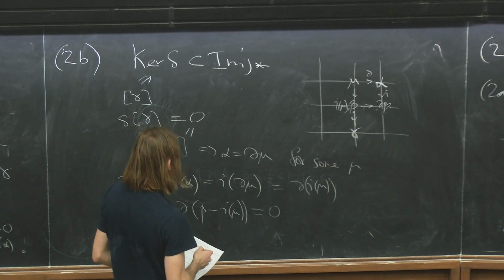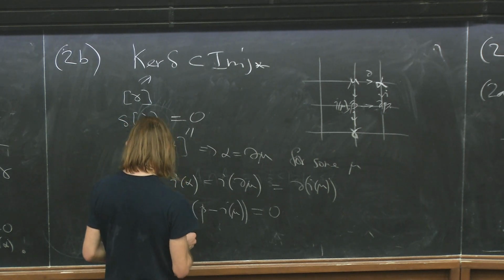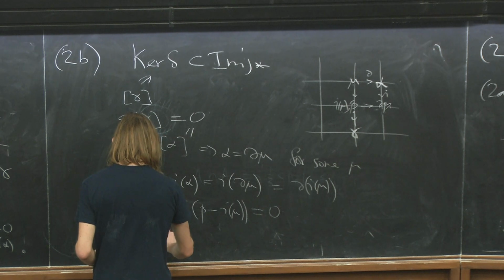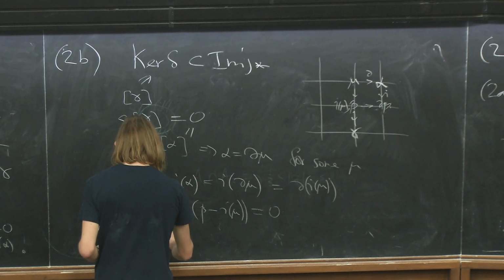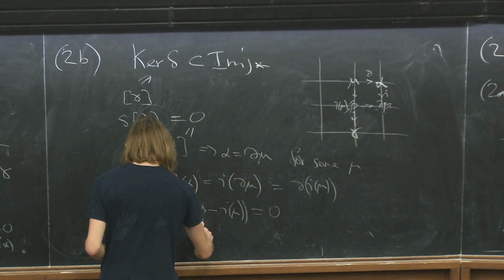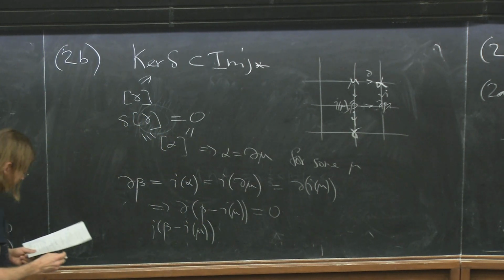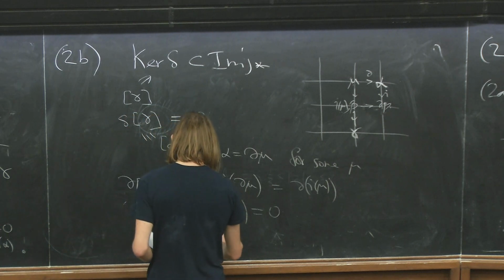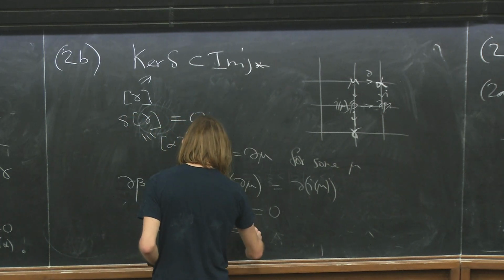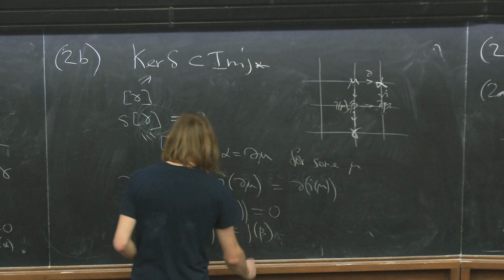Then let's use this difference and act on it by j. j of this difference is the same as j of beta.